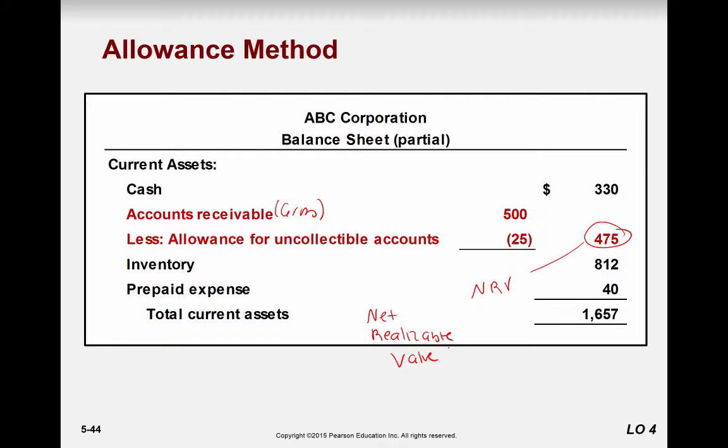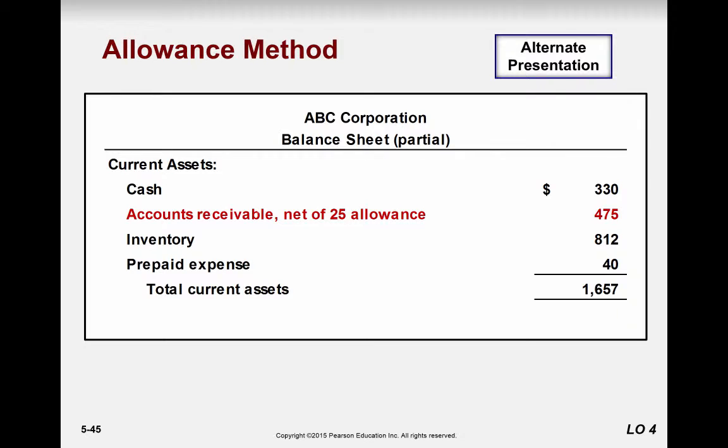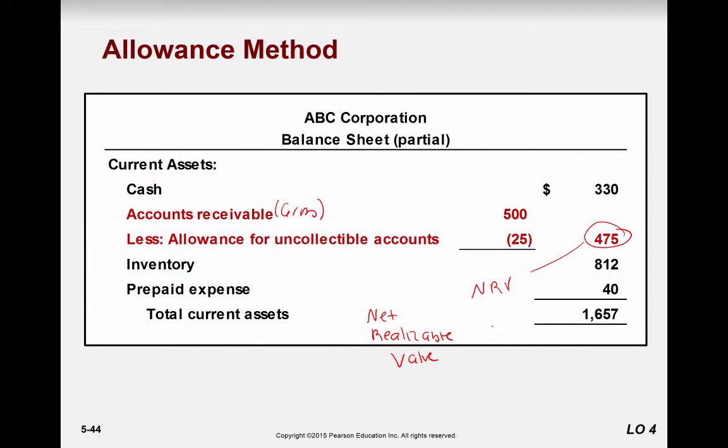This is the preferred method of recording it on the balance sheet. You can also record it in one line as a net amount, and we just say that our allowance is 25. Then we add the 475 plus the 25 to get 500, our gross AR balance. The previous method is the one we prefer.